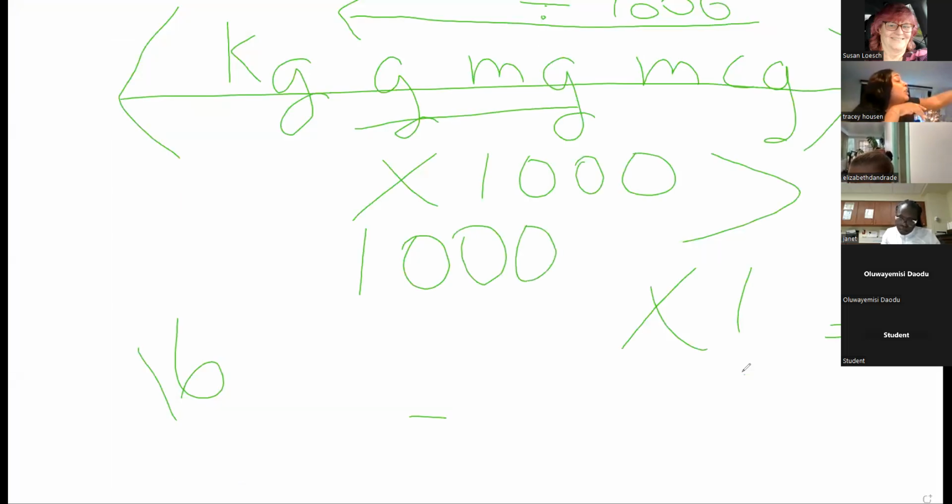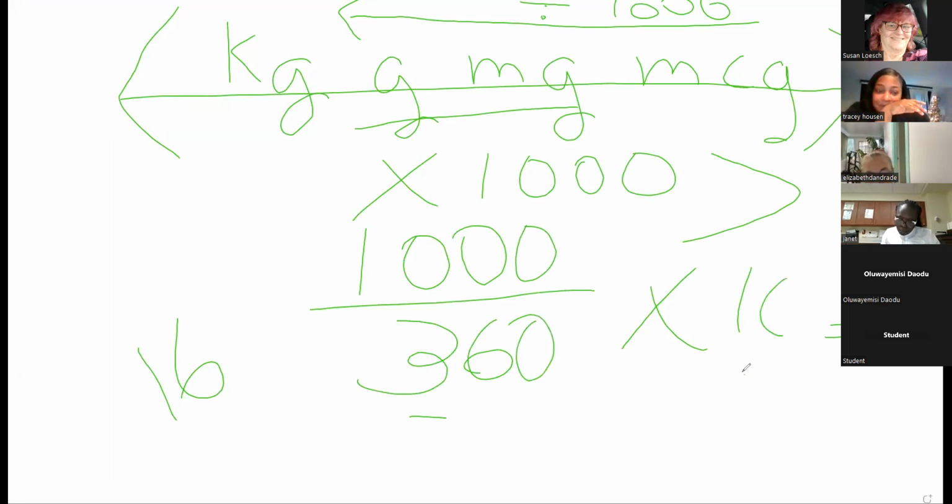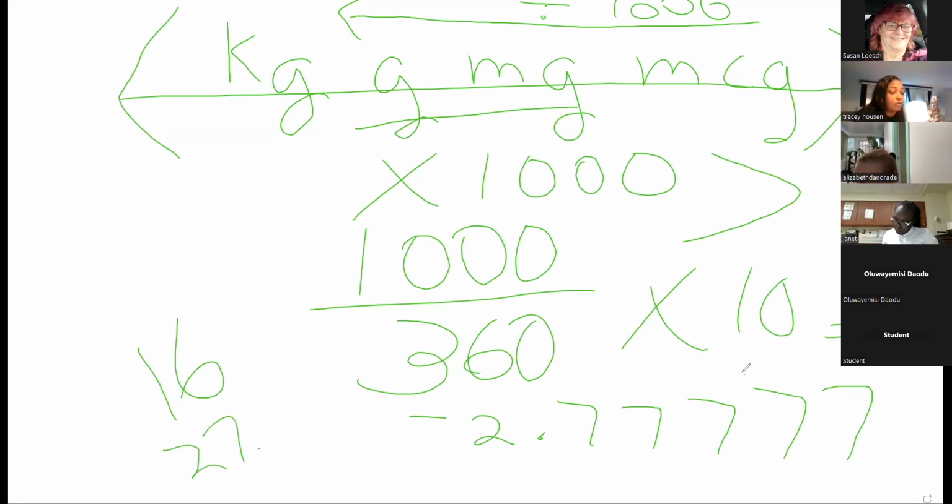So it was 1,000 divided by 360, which gives you 2.777. You leave everything in the calculator and multiply it by 10. And that gave you 27.7, which rounds up to 28. Good.